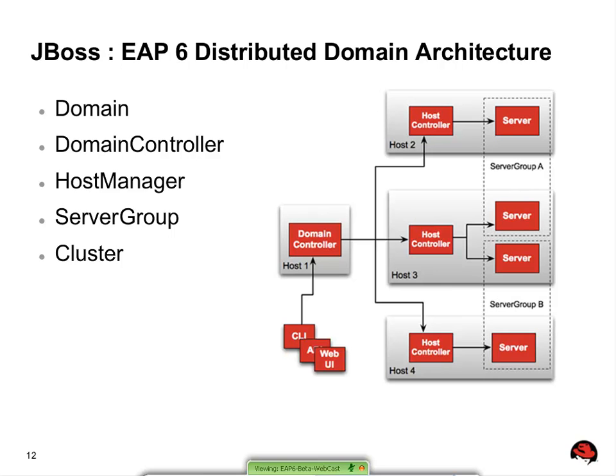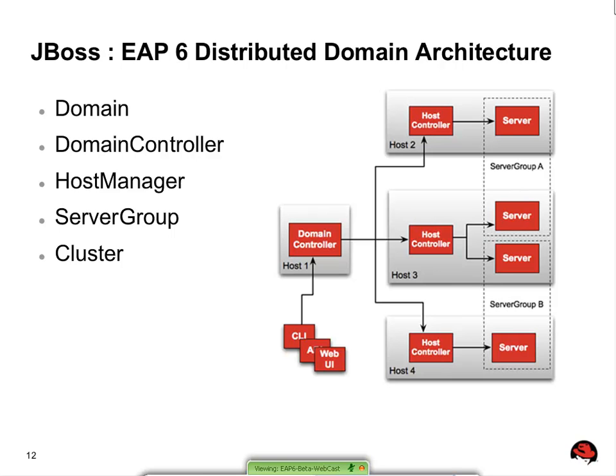We have host controllers on each machine to manage the server instances, and also to act as slaves to the domain controller and propagate configuration and deployments to managed servers.